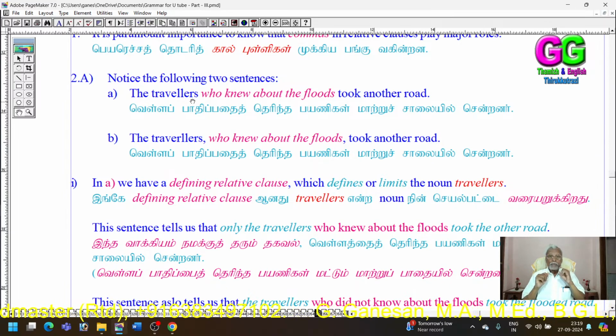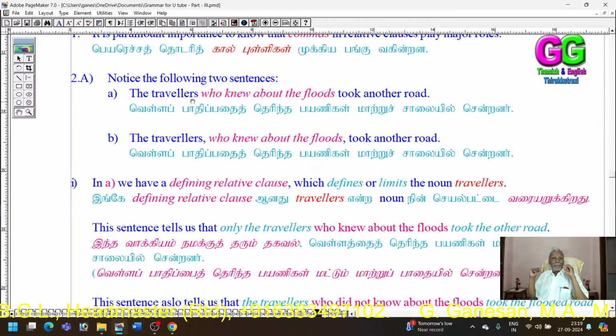One meaning is that only the travelers who knew about the floods took another road. The second meaning of this sentence is that the travelers who did not know about the floods took the same flooded road.